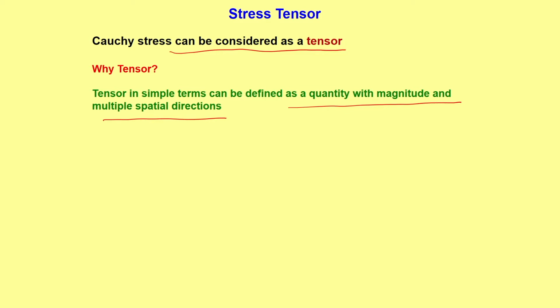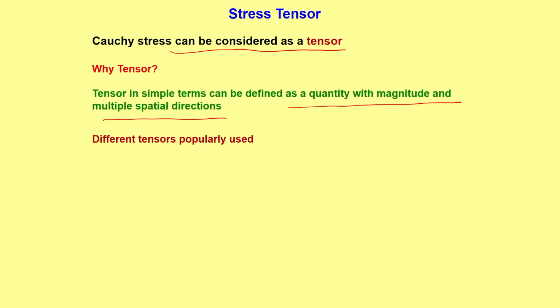So, possibly you will think, what is the difference between a tensor and a vector? Vector also has a magnitude and a direction, but a vector has magnitude and only one direction, whereas in the case of tensor multiple directions are there. That is the essential difference, and tensor is a more general term, and the subsets of tensor are scalar, vector and any other tensor of higher order.